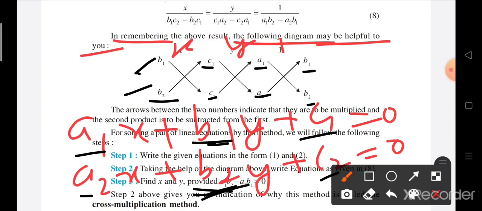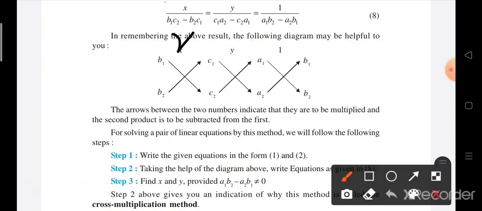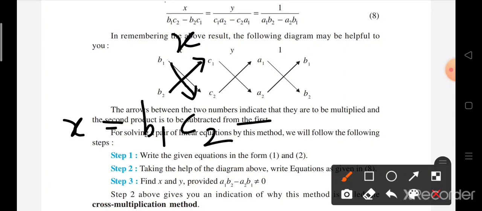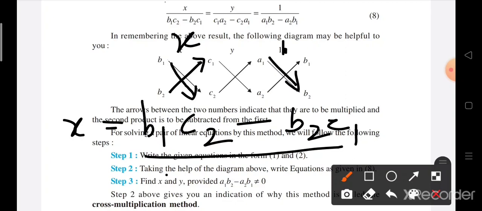Now if you have to find the value of x, you write x over here, and then you do multiplication: b1 into c2 minus b2 into c1, divided by the constant 1, a1 into b2 minus a2 into b1.